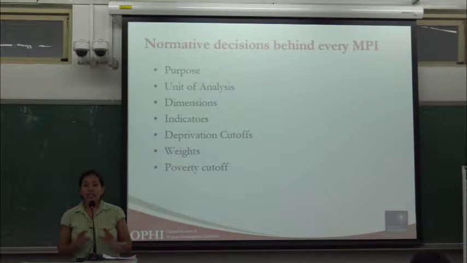And throughout this presentation, please remember all the steps that Sabina presented in our last session about the decision-making that you have to bear in mind behind every multidimensional poverty index: the purpose, the unit of analysis, the selection of dimensions, indicators, and deprivation cutoffs, the selection of weights, and the poverty cutoff.